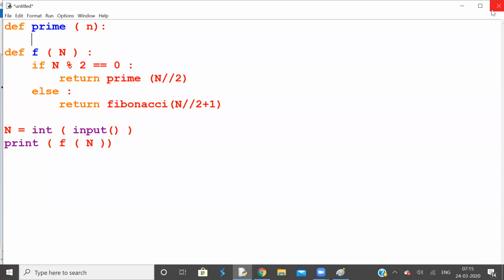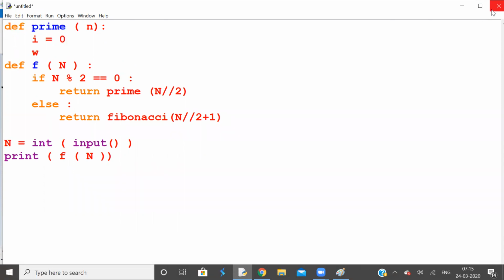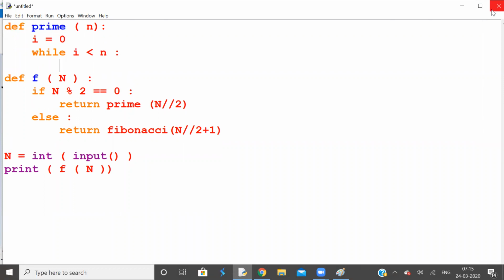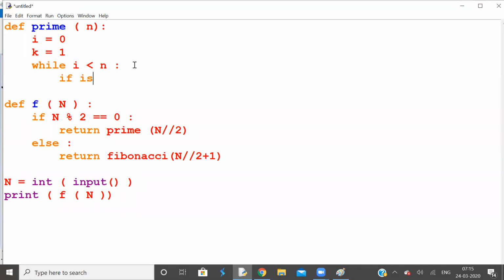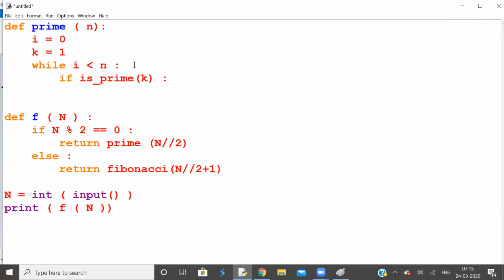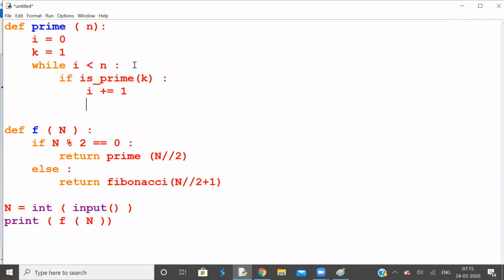Assume that the number of primes generated so far is 0. While the number of primes generated is less than n, the required number of primes, start with a counter k. If k is prime, then the number of primes generated so far is incremented by 1.